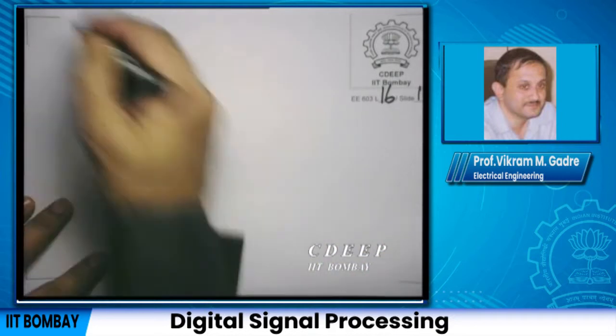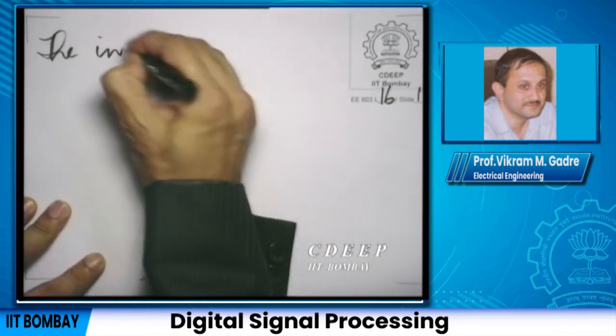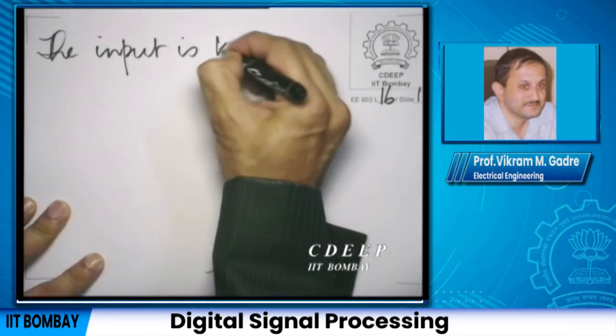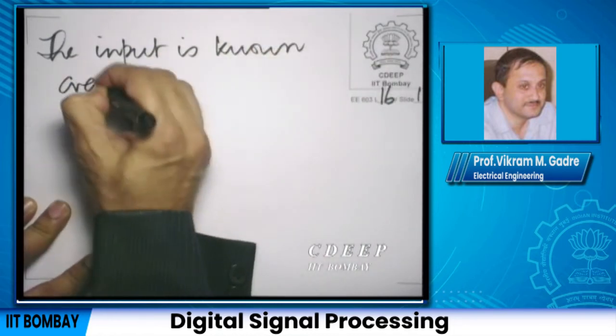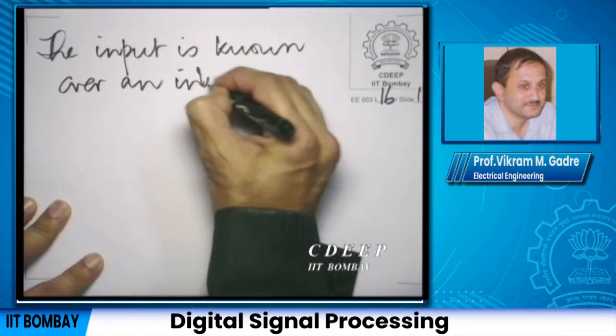In particular, capital N1 might be 0 and capital N2 might be, say, 20 or 100. So, what we are saying is that you know the input over a certain interval of the natural domain.